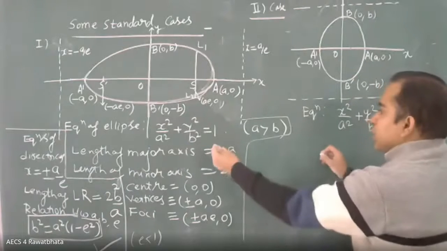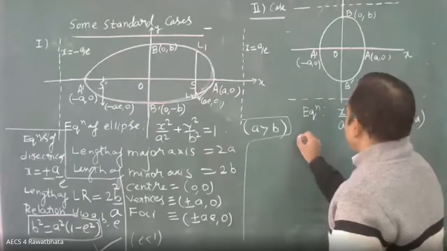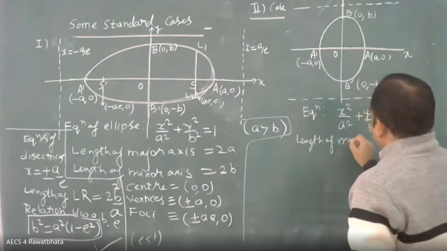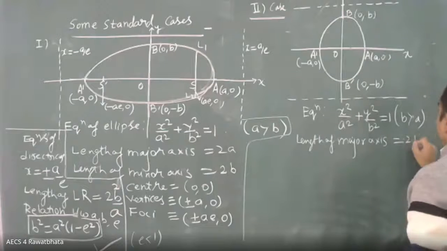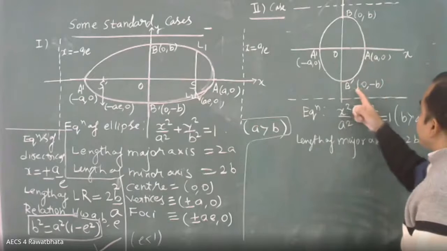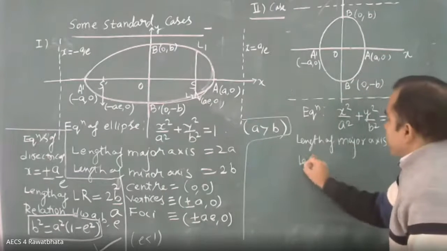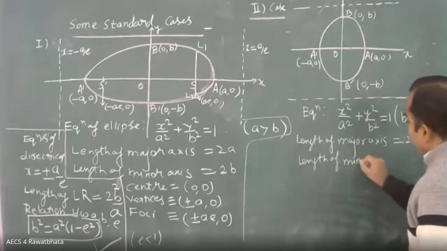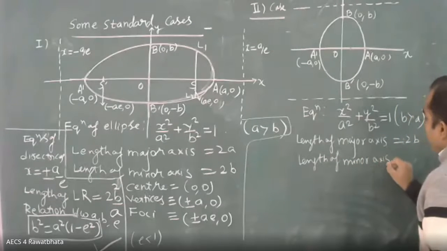Then as we found the details for the first case, length of major axis, what should be the major axis here? So length is 2b. This BB dash will be the major axis here, and B and B dash will be called vertices. So length of minor axis will be 2a.